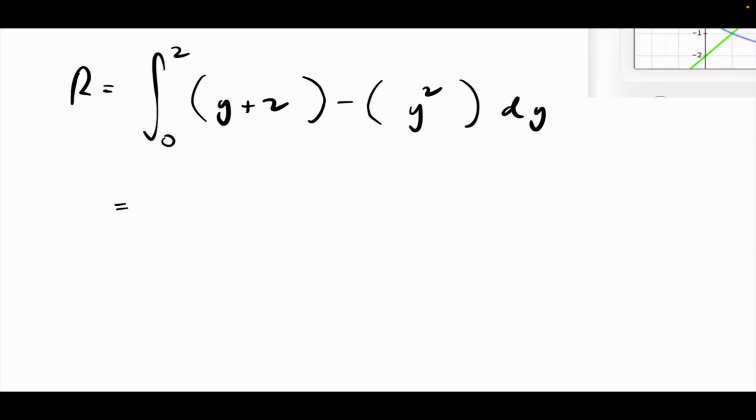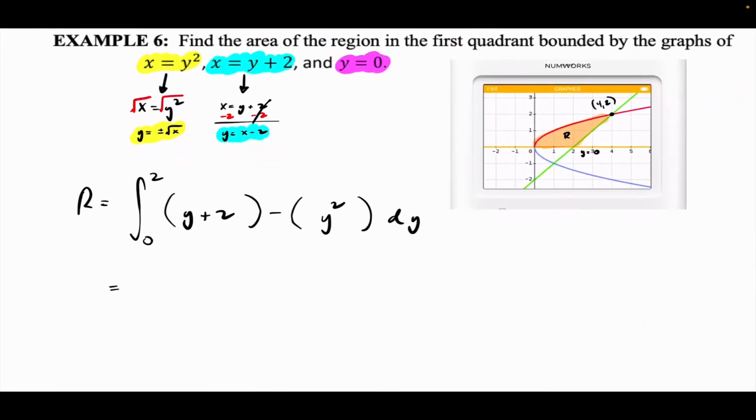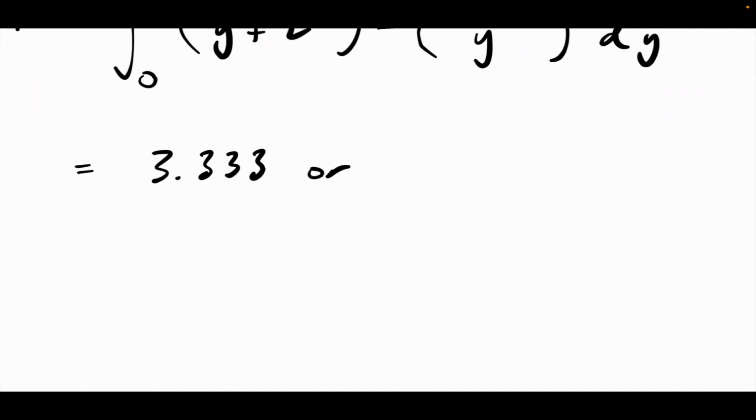I don't want to put 3.333333 unless it says to round. Did it say to round? No, it didn't say to round. So I don't want to put 3.333333 because that's rounded and it didn't say to round. So this is this, right? 3 and a third, which if you change it to an improper fraction is 10 over 3.